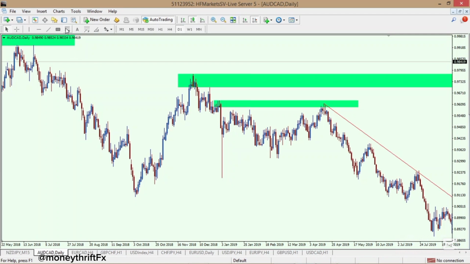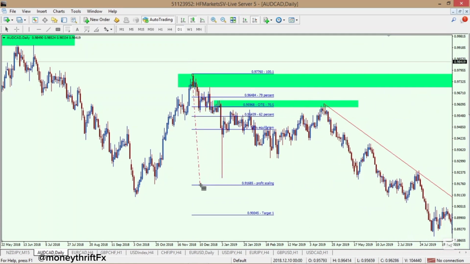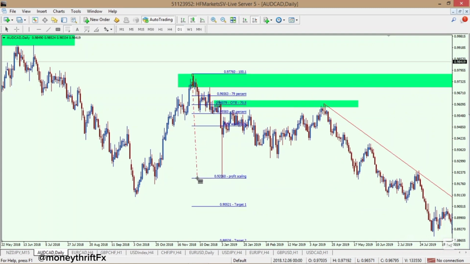So I can pick out my Fibonacci retracement tool, for example. The Fibonacci retracement tool is just to see how far a retracement may go. I will talk more about this later when we get towards Elliott wave. So I can place it from the top to the bottom of that price swing, and then I'll be looking at where it is most likely to retrace to.